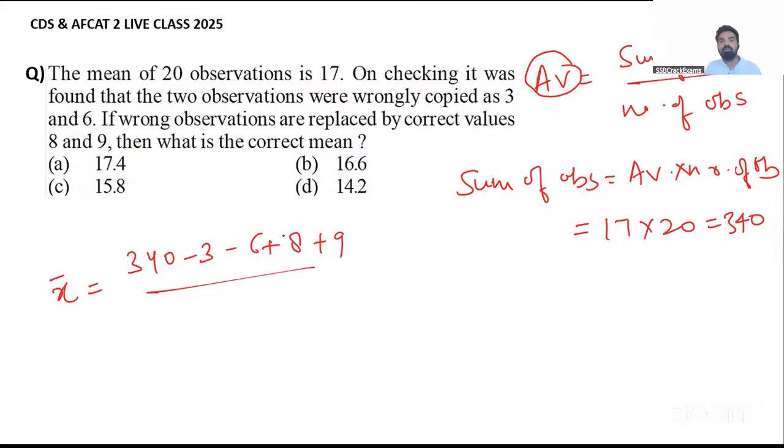Now we will divide it. Check the answer. It should be 348 upon 20, which is 17.4. Option number A should be the correct one.